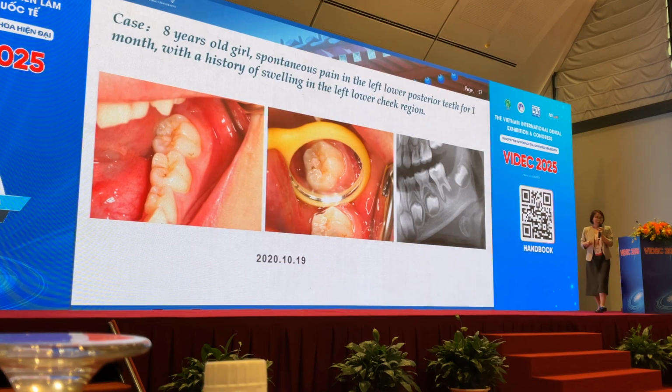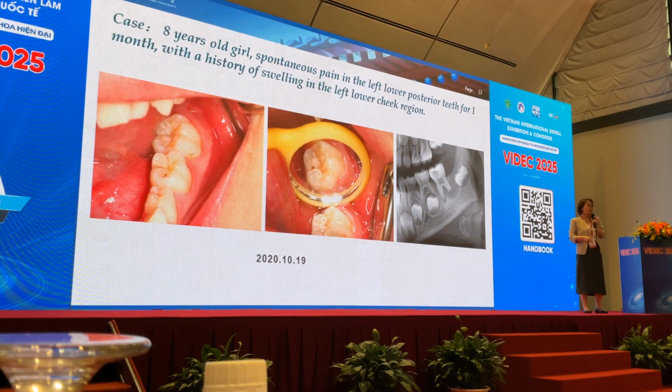Actually, we have a lot more interesting cases. This is another case. Let me say, this 8-year-old girl had spontaneous pain in the left lower posterior region for 1 month. In clinical examination, we could find a black spot on the occlusal surface.